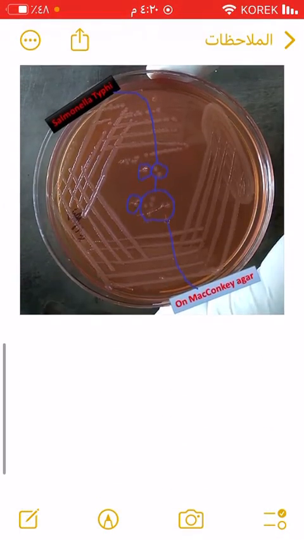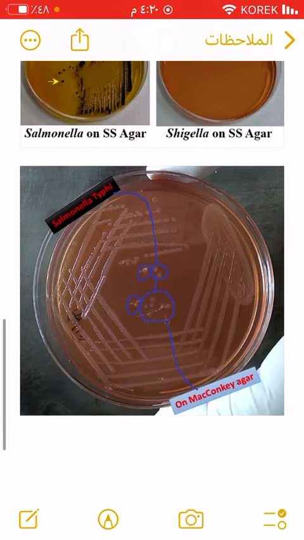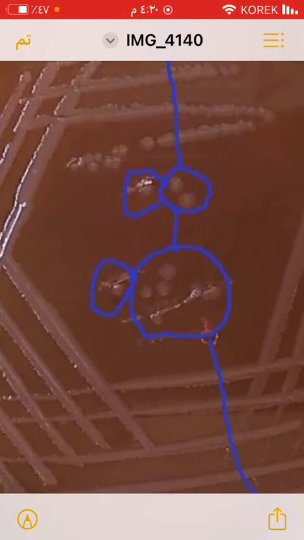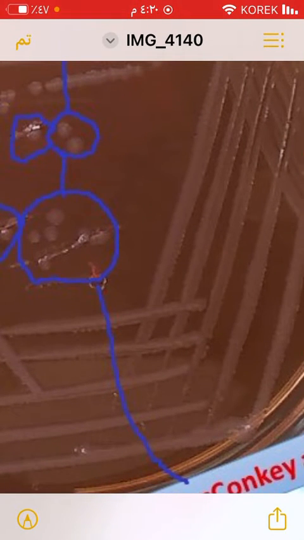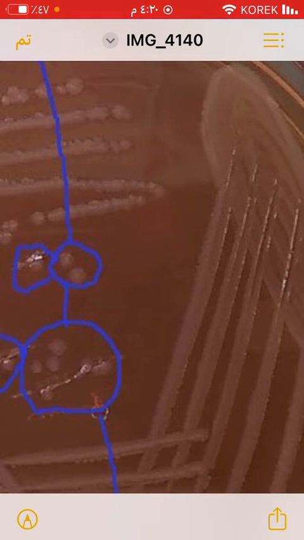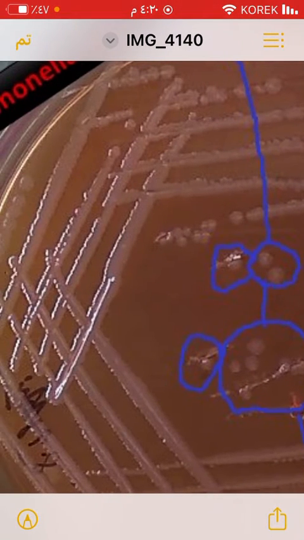And I will have a note at the end. As we see, this is Salmonella typhi. Salmonella typhi and other species of Salmonella are all non-lactose fermenters. You can do a motility test, but it's not that common for Salmonella. As I say, TSI, Simmons citrate test, and mannitol fermentation are the most common tests in my lab.